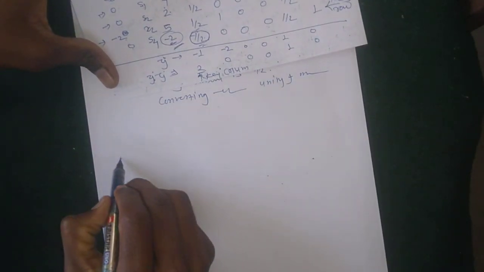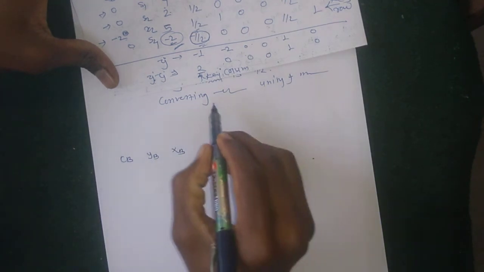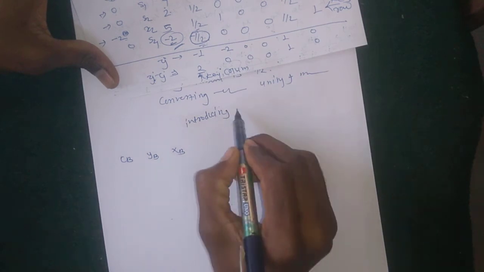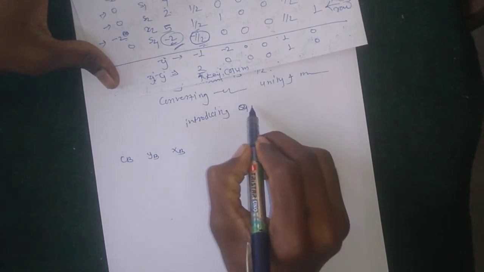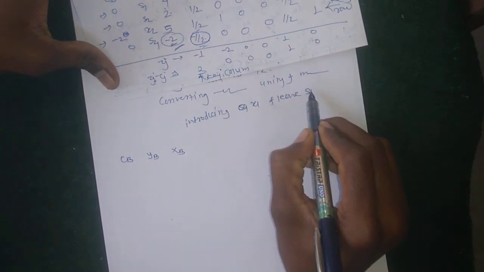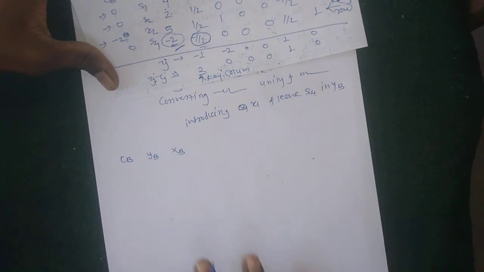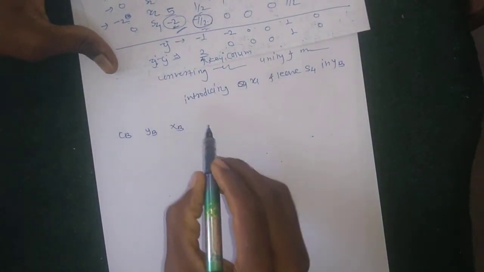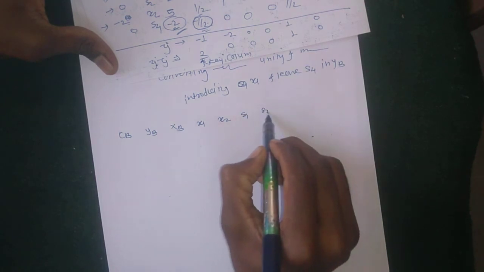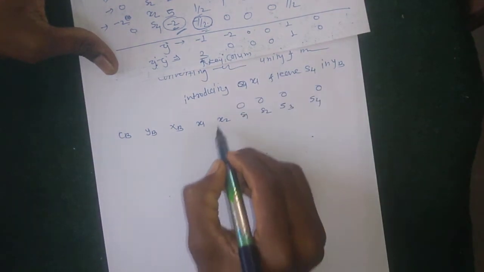Okay, so CB, YB, XB, and introducing x1 and leaving s4 in YB. Okay, so in this way XB, x1, x2, s1, s2, s3, and s4, 0, 0, 0, 0.